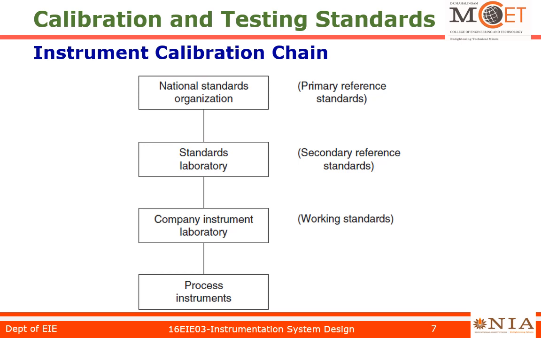So again, they need to check the process proper value, and the standard laboratory has to check whether it is above the second standard, and periodically they need to send it to the updated one, to the primary reference standard developers, that is the National Standard Organization. So this is the instrument calibration chain.